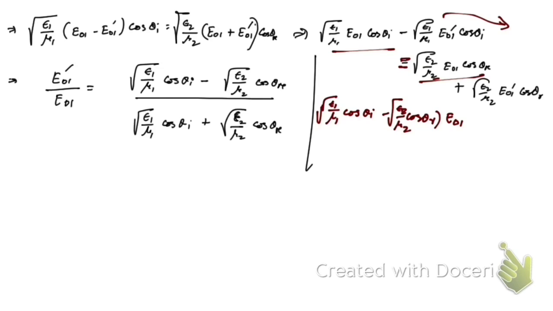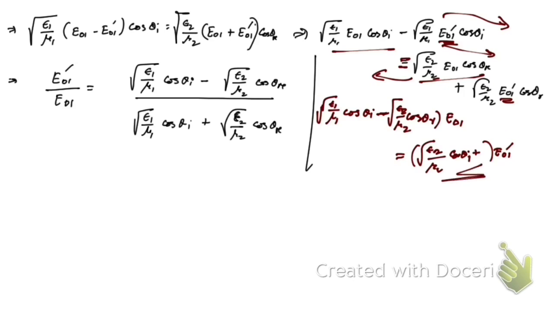So hope you have understood. When it is transferred to this side, this positive sign becomes negative, right? And similarly this one to the other side, you can take common E01 dash. This E01 dash is common here and nothing else. Then again you can write root over epsilon 2 by mu 2, then cos theta I plus root over, then that means you can get this part here.